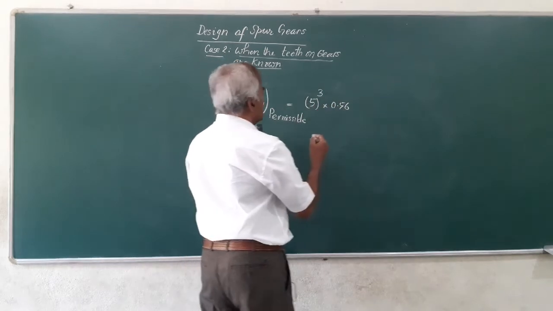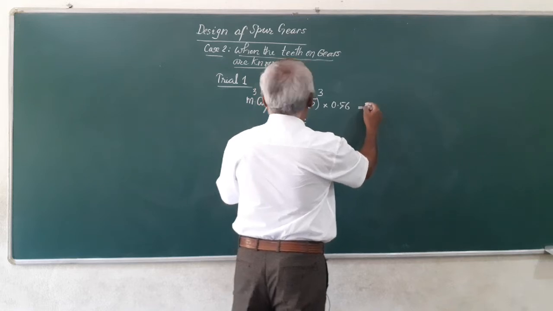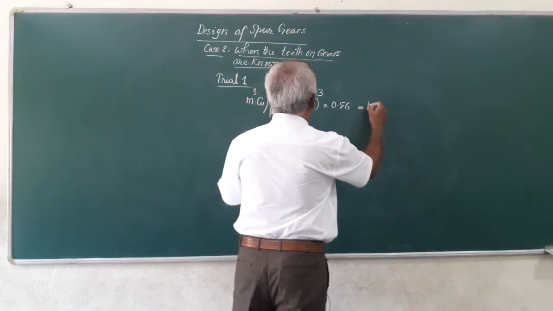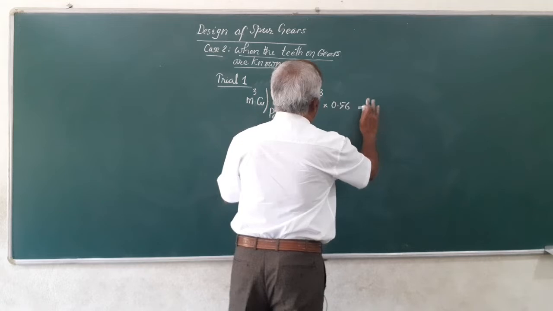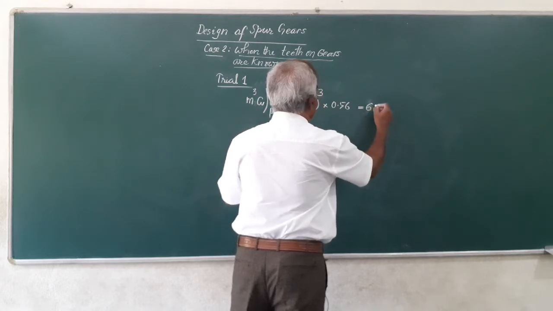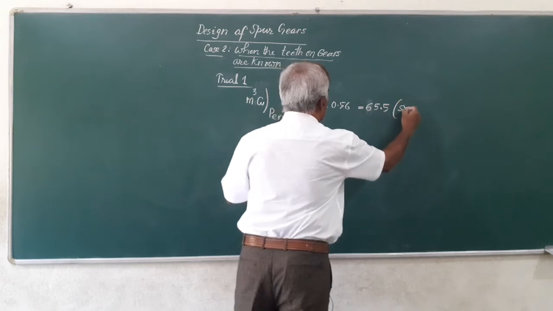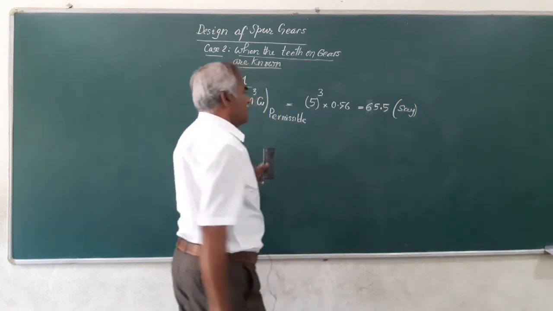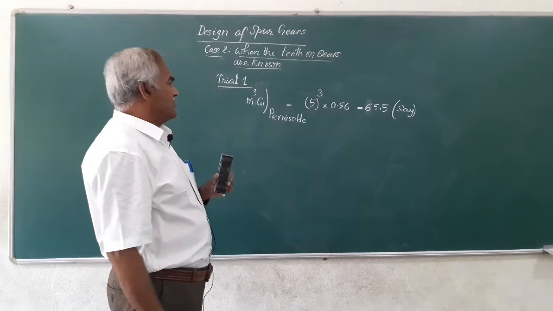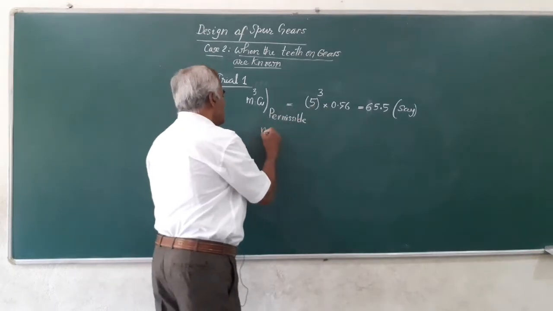Say this works out to say around 125 into 0.5, is around 65.5, say. This is a number, 65.5 value. So the permissible value is so much.